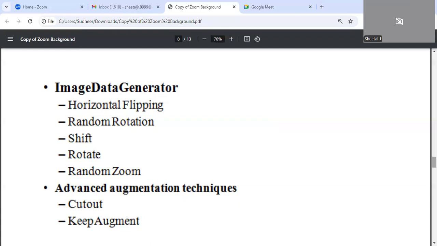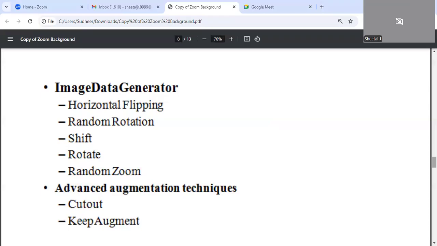We are shifting the image by 20% of the width of the image as well as 20% of the height of the image, so that wherever the lesion part is, it will be considered. Next, rotation. The image can be rotated between any degree from 0 to 360 degrees. Here for this implementation, we are rotating the image by 40 degrees, and we obtain the given result.